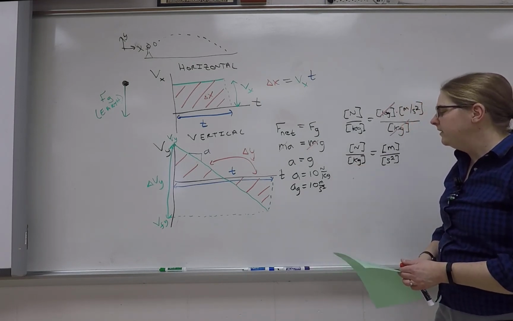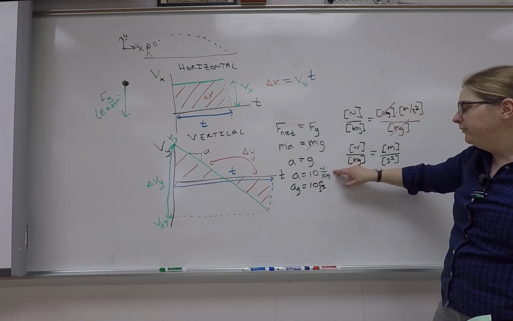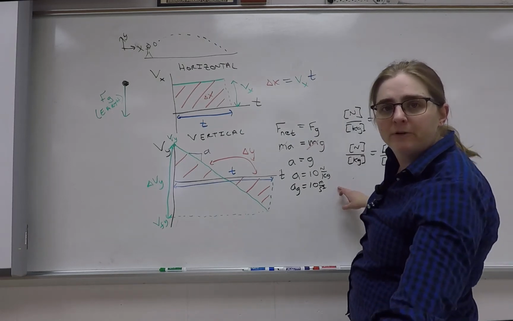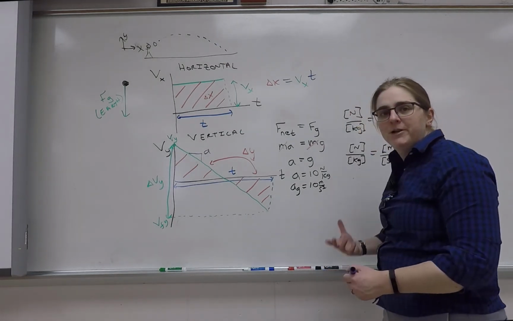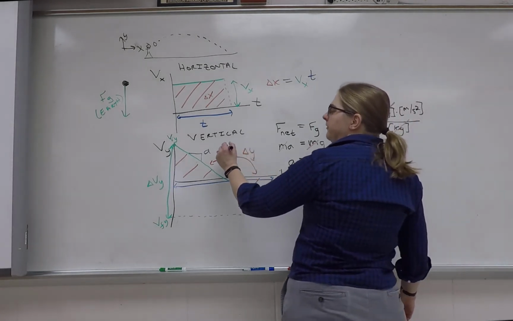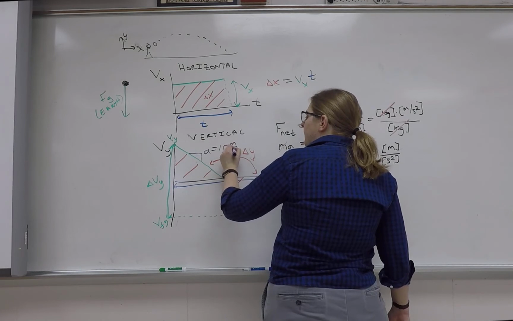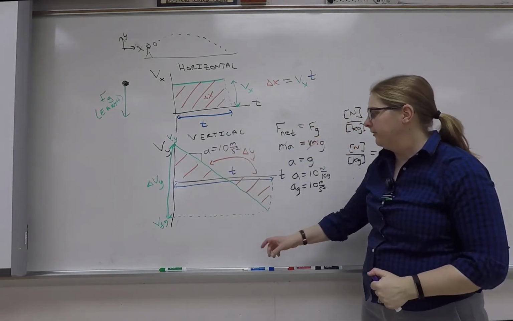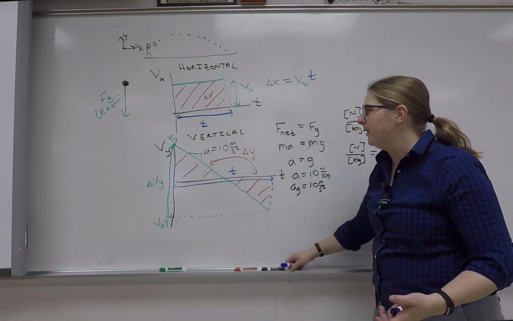It's just that depending on how you're thinking about it, sometimes newtons per kilogram is a more useful unit, and sometimes meter per second squared is a more useful unit. And we're getting to the point where the meter per second squared is a more useful unit. So I can go ahead and add to my annotation that this slope is not just the acceleration, but that the acceleration is 10 meters per second squared.